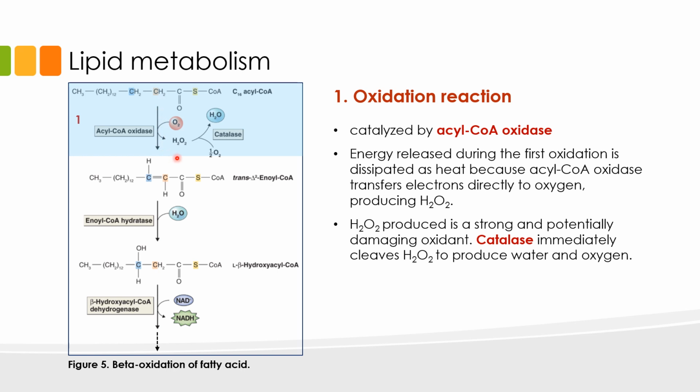To prevent the accumulation of hydrogen peroxide, another enzyme, known as catalase, immediately cleaves hydrogen peroxide to produce water and oxygen. The first oxidation reaction results in a beta carbon attached to the alpha carbon with a double bond. This product is called trans-enoyl-CoA because the two hydrogen atoms are now in a trans state with each other.